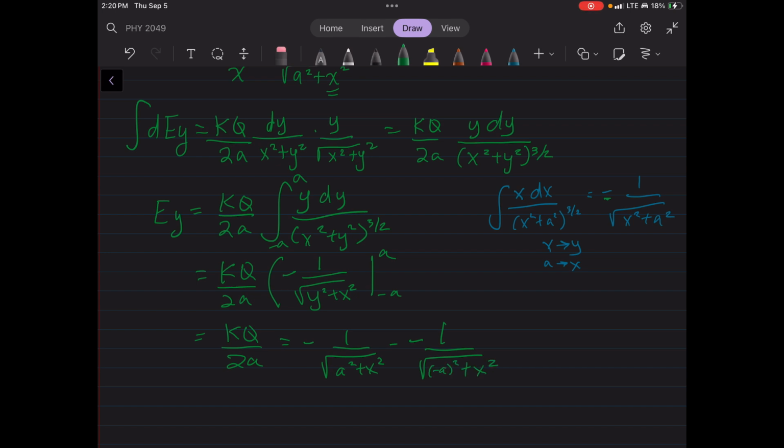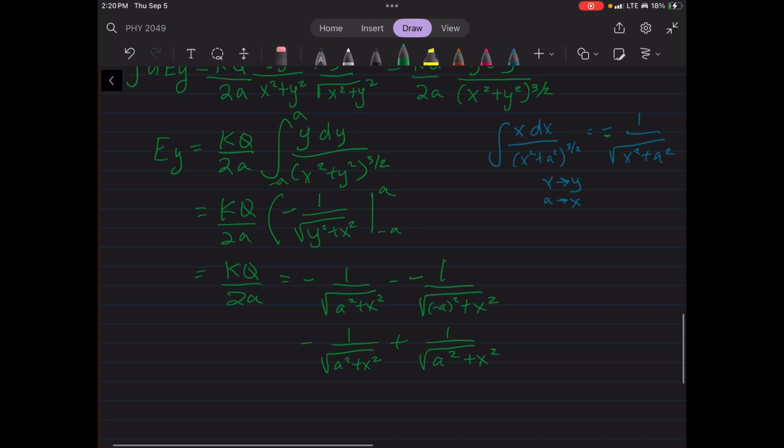Negative a squared becomes a squared, so essentially I am subtracting the exact same term from the other, right? So this ends up being 0. So there's no y component for the electric field in this symmetric arrangement.